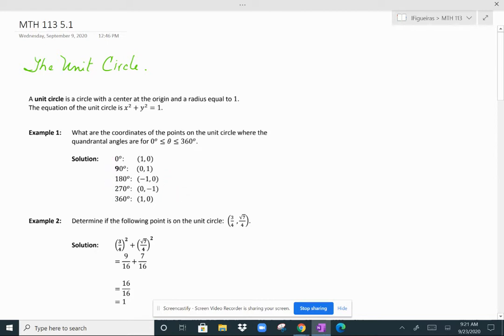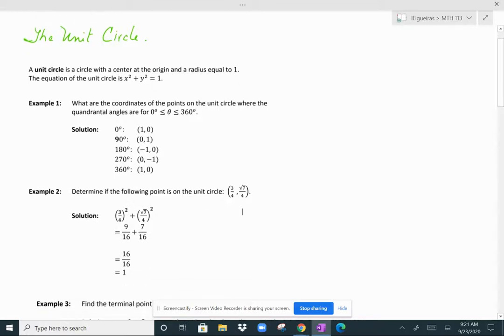So let's determine if the following point is on the unit circle. So this is a coordinate, an x and a y, and we want to know if it actually sits on the unit circle. So in order to figure that out, we're going to use the Pythagorean Theorem, which is that if I take one side squared, which is 3/4, and the other side squared, and if that equals 1, because 1 squared is 1, then it satisfies the unit circle.